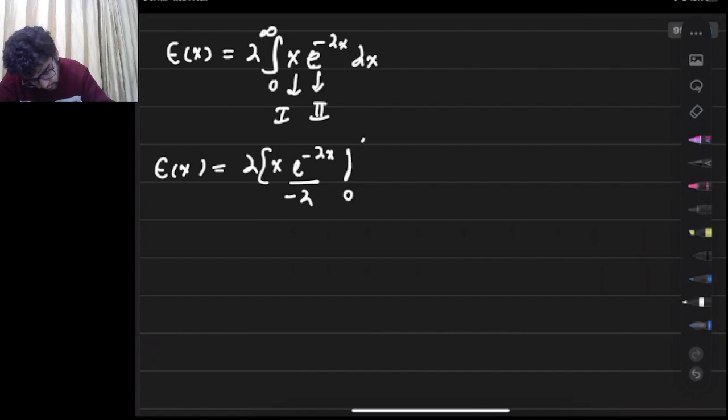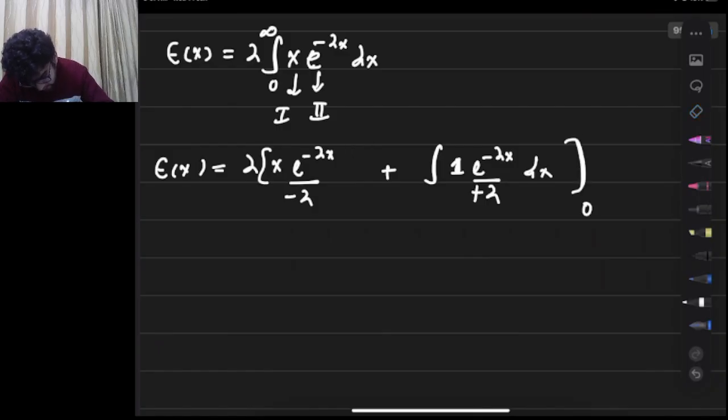This is from 0 to infinity, minus, now this is my first function, the derivative of x is 1, and e to the power minus lambda x, again the integral of this is minus lambda e to the power minus lambda x, minus lambda dx. This and this becomes positive, and let me just remove this and let me write this 0 to infinity here.